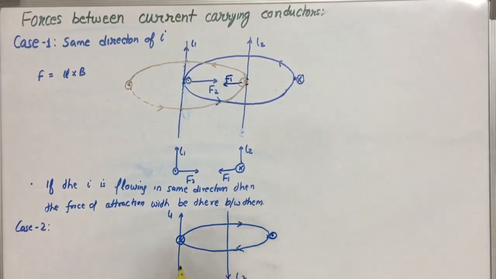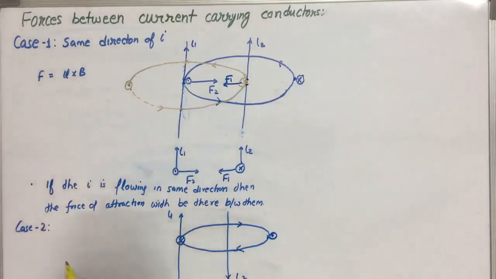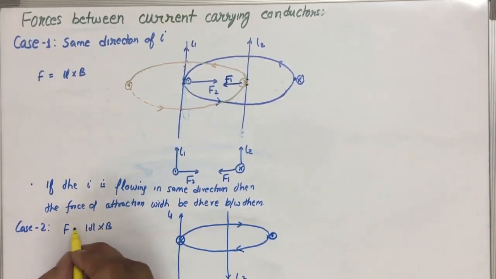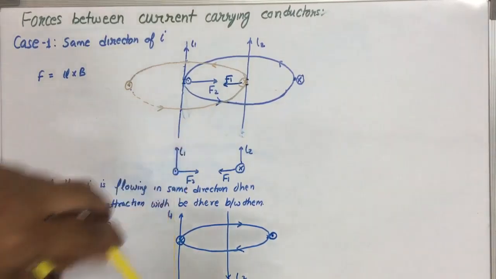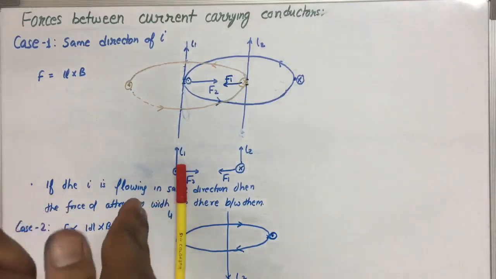As the field is in the downward direction and the current is I, the force will be in the direction of IDL cross B. So IDL will be in this direction, the field will be downward.